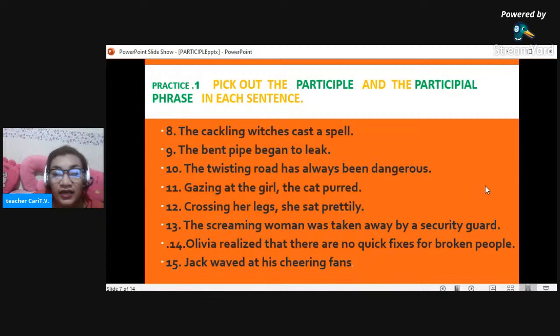Thirteen, how was this woman described? Number fourteen, how were the people described? Number fifteen, what kind of pants does Jack have?